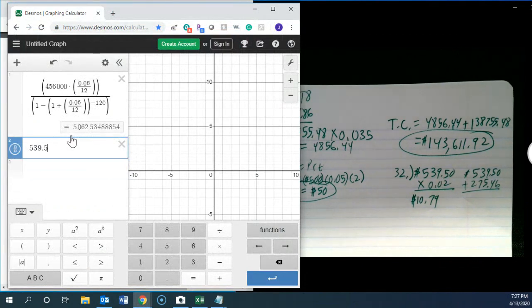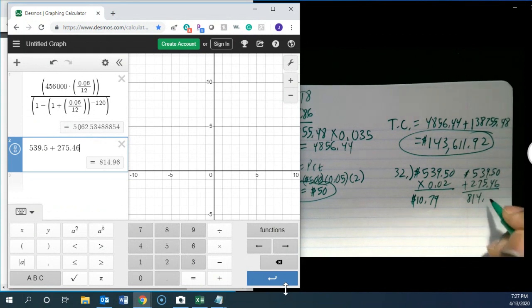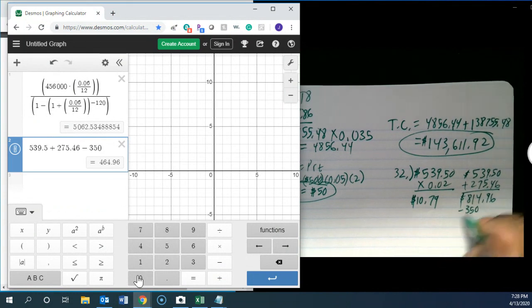So we will have to add that plus 275.46. So that would give us $814.96. And then we made a payment of $350. So we would have to subtract $350 from this value as well.